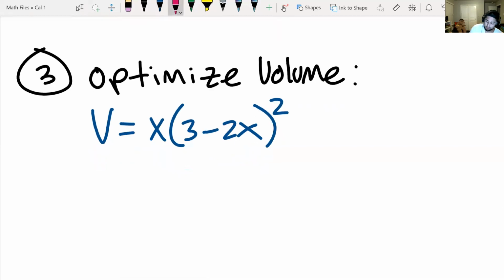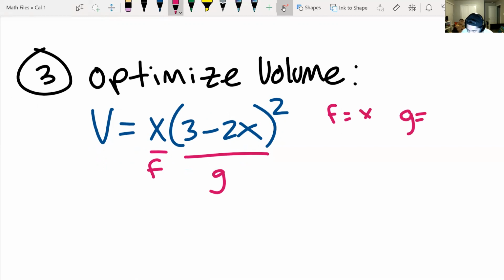If we take the derivative, this is going to use product rule. So that's F and that's G. So F is x. G is 3 minus 2x squared. F prime is 1.